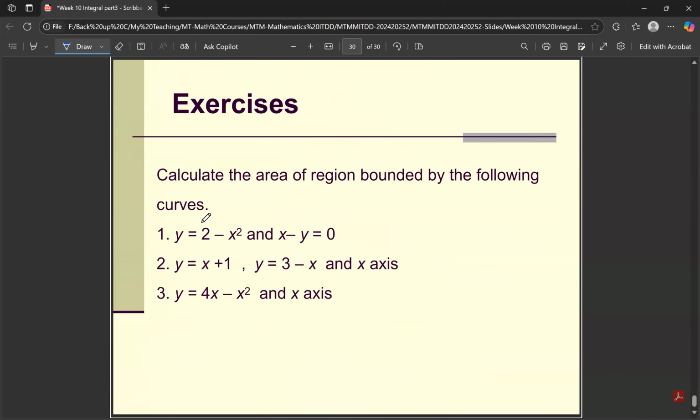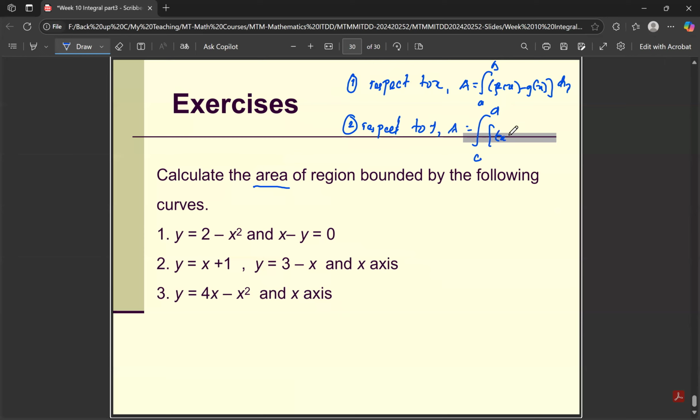You can count the area, and please remember that you have two formulas. With respect to x, the area will be the integral from a to b of f(x) minus g(x) dx, and with respect to y, it means that the area will be the integral from c to d of f(y) minus g(y) dy.